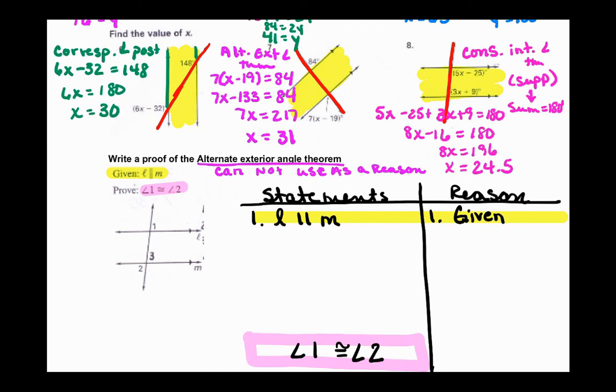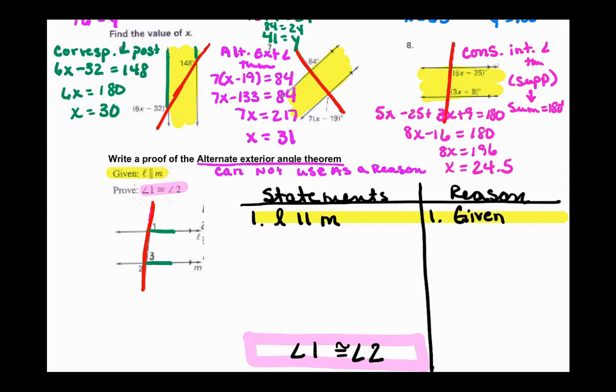So we're going to use that angle 3 to help us prove information about 1 and 2. So when I look at my picture, we have our transversal, and we have that angle 1 and angle 3 are both on the right side of the transversal, and they are both above their parallel line.